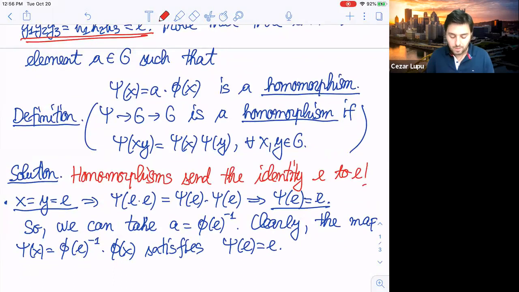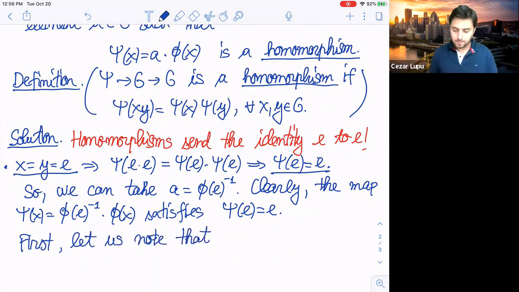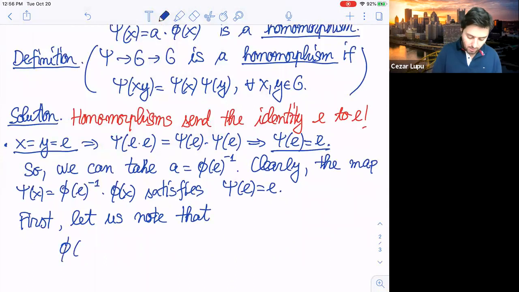So let's see. First, let's note that phi of G, and now I'm going to do the following. Times I'm going to take one of the elements to be the identity and the other one to be the inverse.